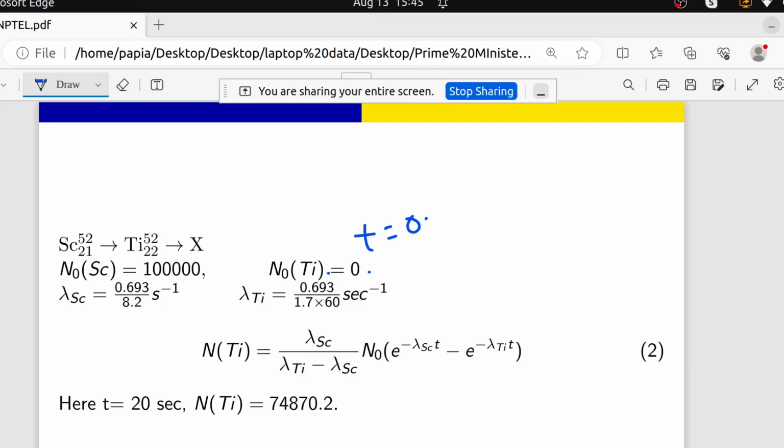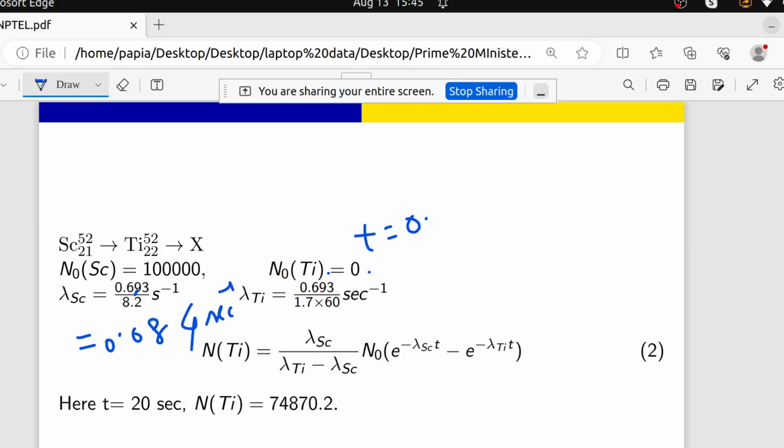Now t half is given for scandium, so obviously we can find the lambda value for scandium. Lambda of scandium is 0.693 divided by 8.2. So what is the value of this? 0.693 divided by 8.2 is 0.084 second inverse.